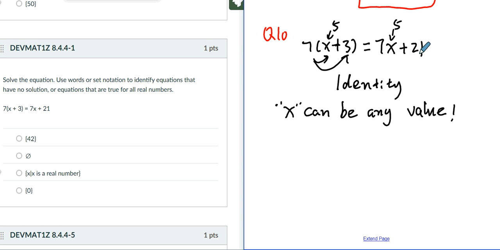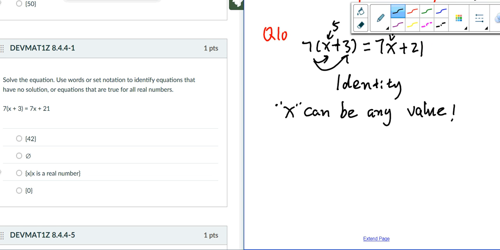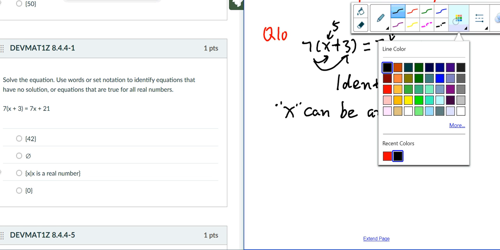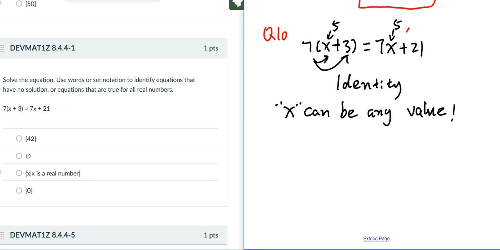You can also try 1, whatever you like, or negative 1. They are all true. Okay, you may try 1 here. Okay, and here is 1. So 7 times 1 is 7 plus 21, that's 28. 1 plus 3 is 4 times 7, 28. x can be any value.